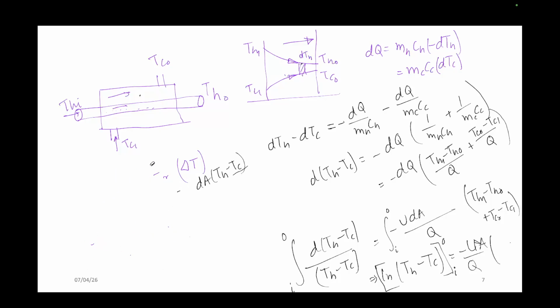So ultimately what you will get is ln of (Tho minus Tco) by (Thi minus Tci), right, equal to minus UA by Q into (Thi minus Tho) plus (Tco minus Tci).